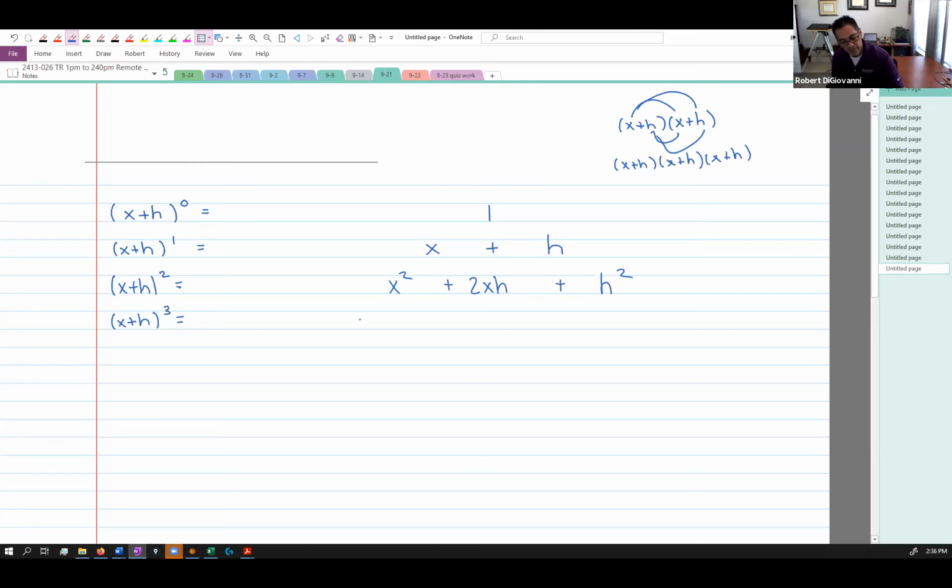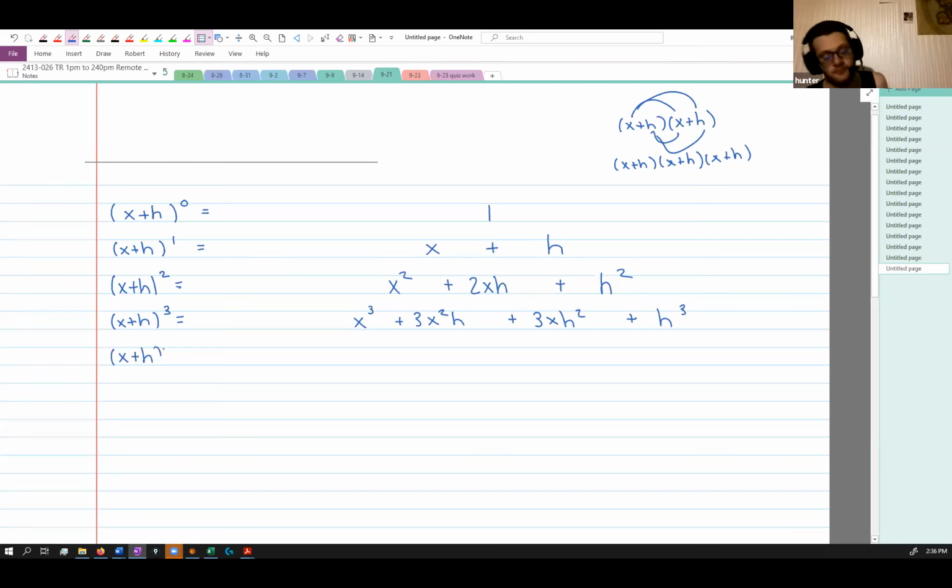What does that turn into? x cubed plus 3x squared h plus 3xh squared plus h cubed. That's what it turns into. You trust me? All right. Looks good to me. What about the next one? Anybody know what x plus h to the 4th is? Come on, you should know this now.